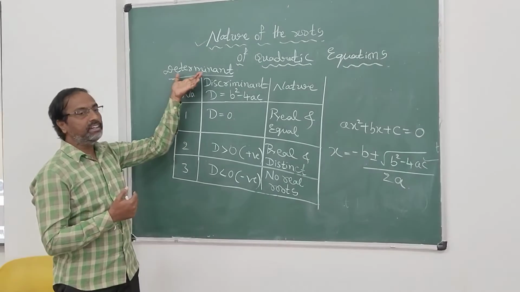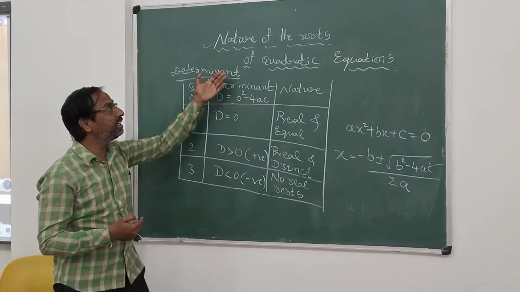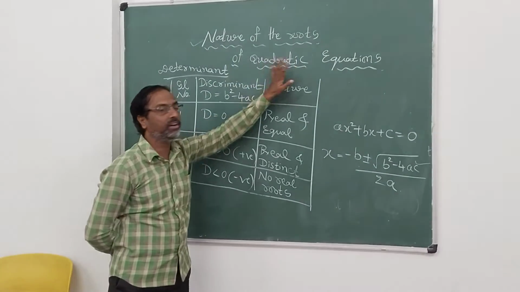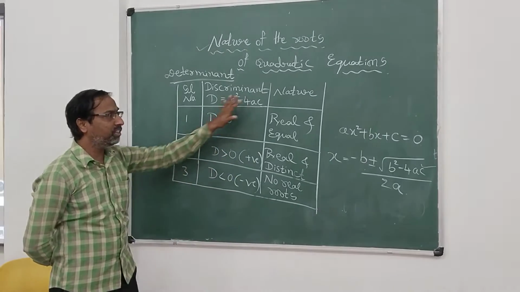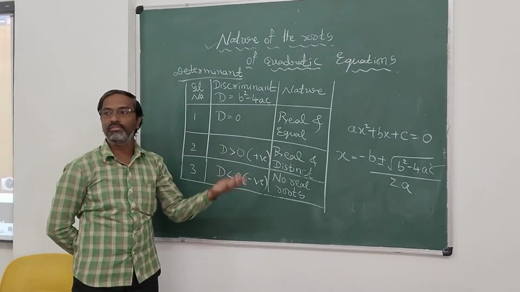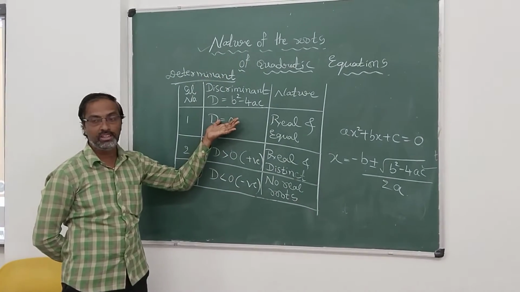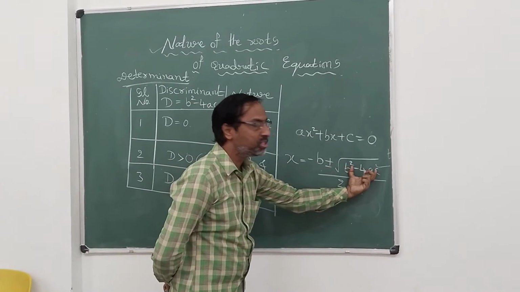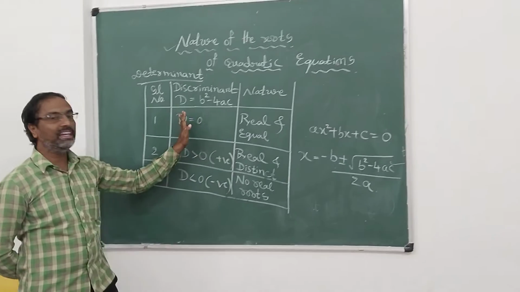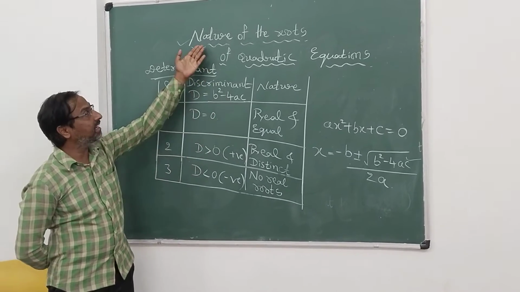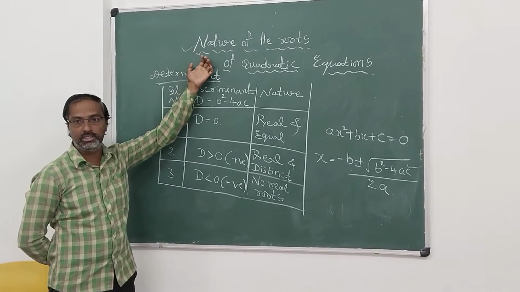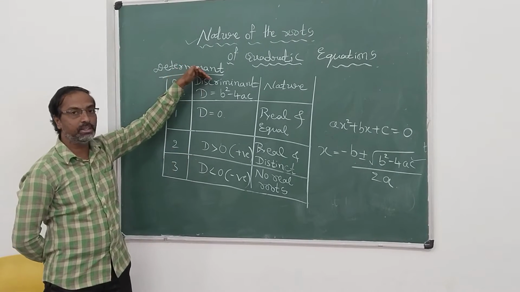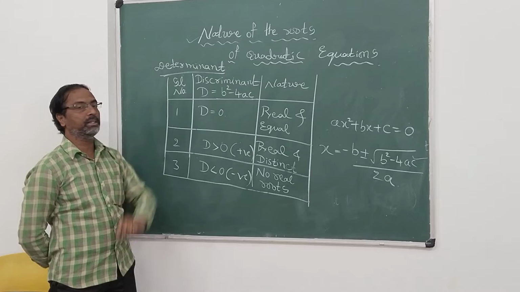Here you are determining the nature or characteristics of the roots of quadratic equations. Without solving the sum, if you know the value of b square minus 4ac, you can easily say what kind of nature the roots have. That's why it is called a discriminant or a determinant.